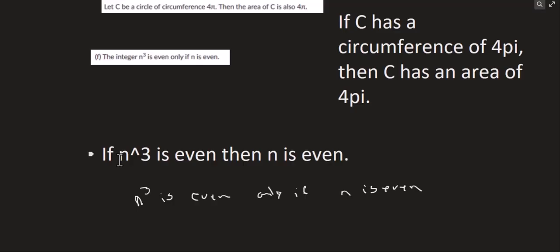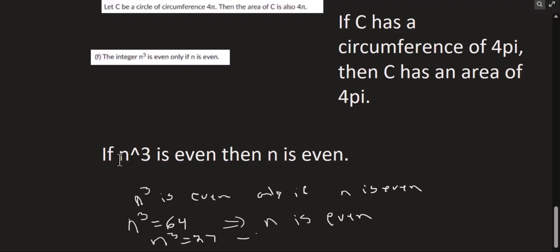I'm not saying that if n is even, then n to the third is even. I'm saying if I have n to the third and it's even, then n is even. So if I have n to the third equals 64, then that means that n is even. If I have n to the third is 27, that tells me nothing.